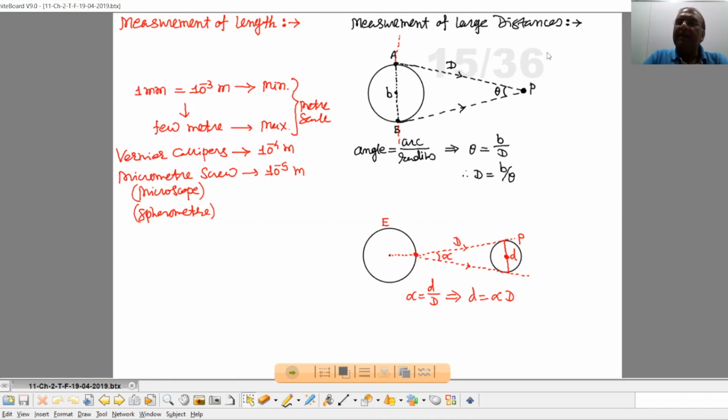Measurement. And the third thing, we have to represent that measurement of a physical quantity with proper unit. Now, we discussed fundamental or base physical quantities and their units are defined.